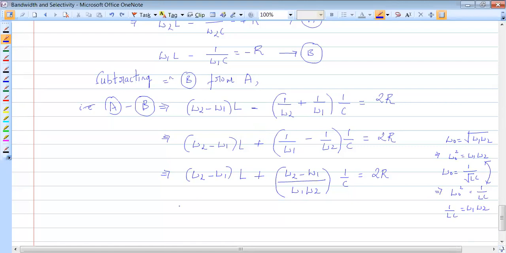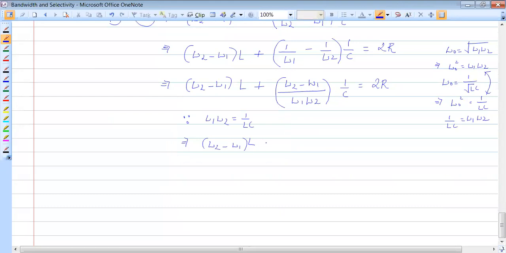See here, since omega 1 omega 2 is 1 by LC, this implies omega 2 minus omega 1 into L, plus omega 2 minus omega 1, now this is what omega 1 omega 2 is, 1 by LC, and you have 1 by C here.